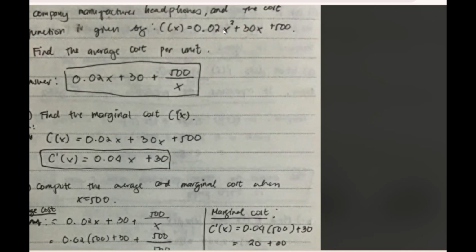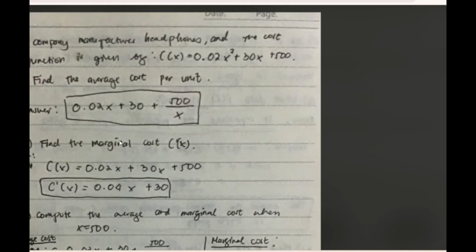From this, 2 times 0.02 is 0.04, and 2 minus 1 is 1, so we are left with 0.04x, and the derivative of 30x is simply 30. Therefore, our marginal cost is C prime of x equals 0.04x plus 30. I am sorry that I forgot to put 2 as the power of x here, but this is the original function given.